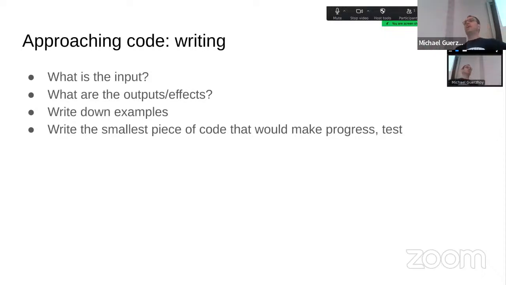What are the outputs and effects that I'm intending or that I'm asked for? I strongly suggest you write down examples: for this specific input, what is the output going to be? Just write it down. One thing that I very often see in the lab is people try to write a whole bunch of code and hope that it works.